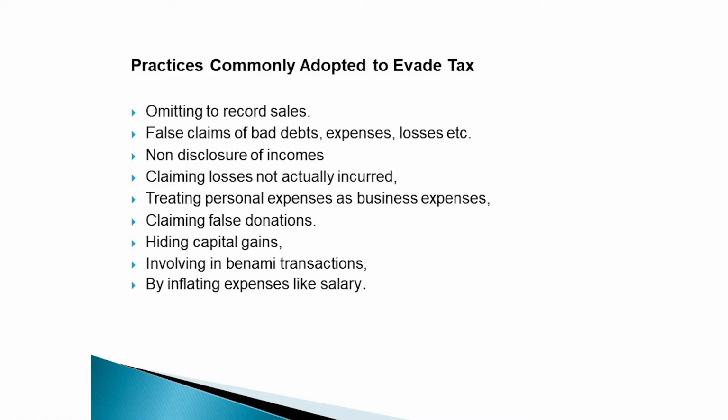See, what are the different practices normally employed by assessees to evade tax? Omitting to record sales. One can reduce the burden of tax either by reducing his total income or by inflating his allowable expenses, particularly where business units are concerned. These are the different practices normally employed by business people in order to evade tax.